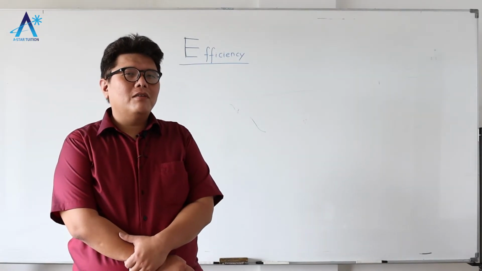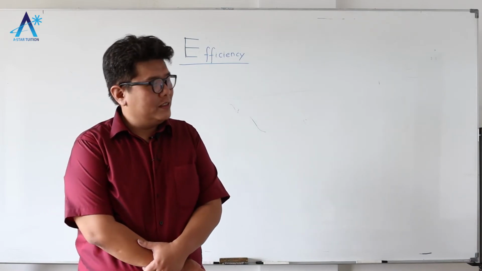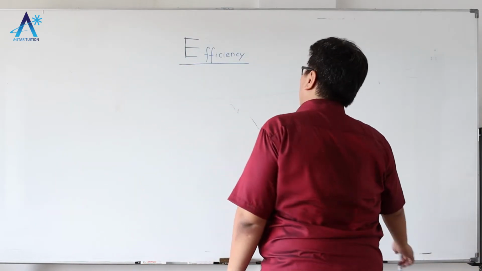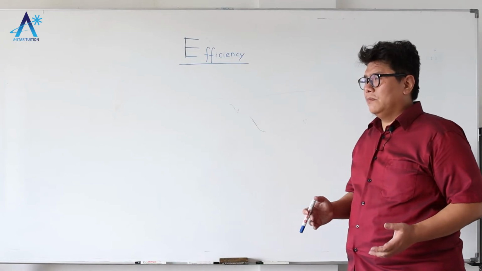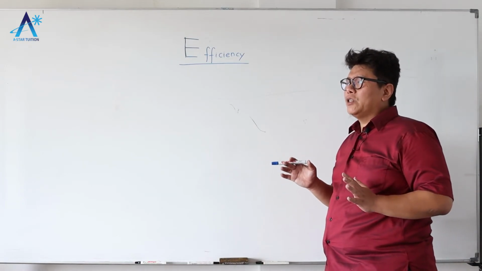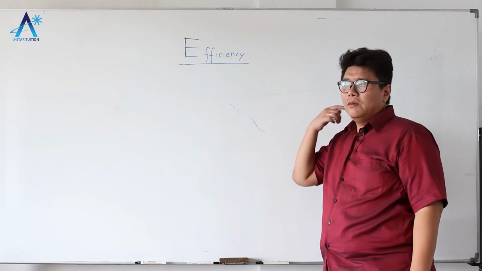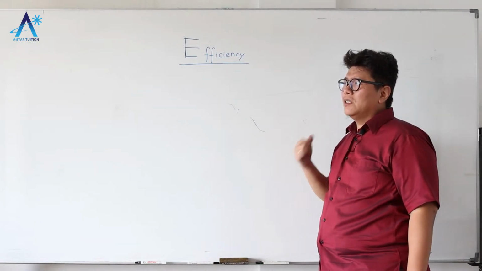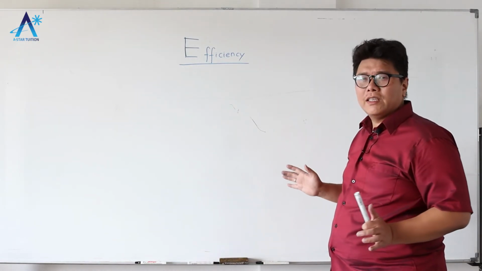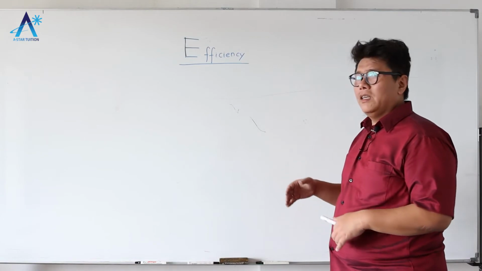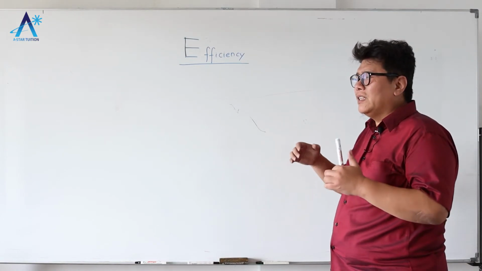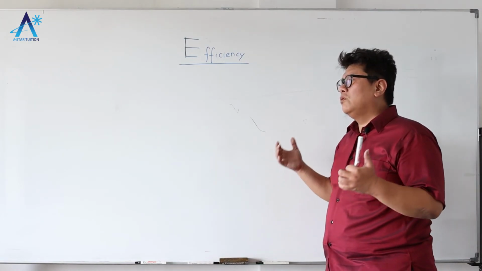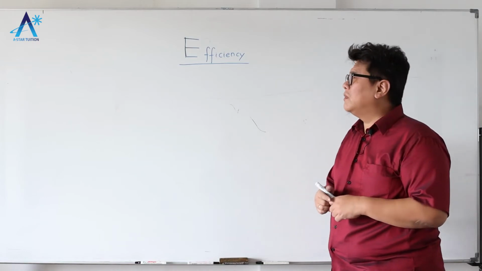Last, let's talk about the notion of efficiency. When you perform work, not all of the work is actually useful, because some of the work that you perform is probably lost as something else, like heat or sound. So there's energy that is lost when work is performed.